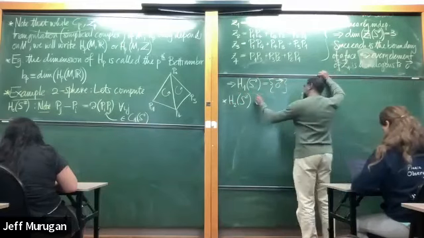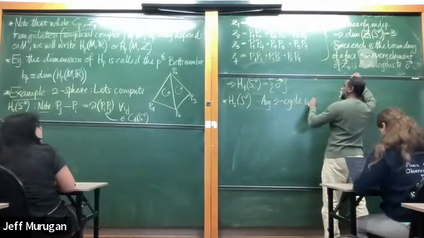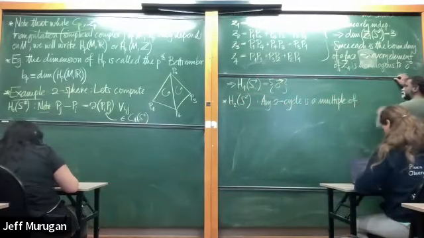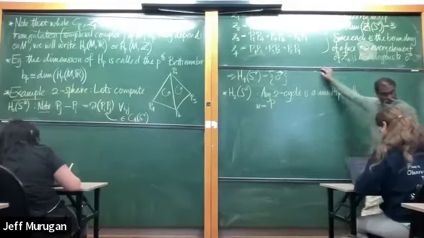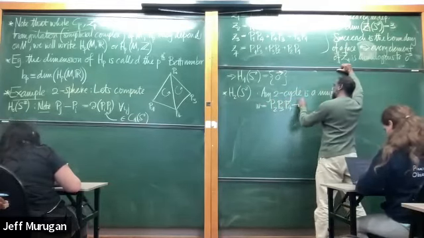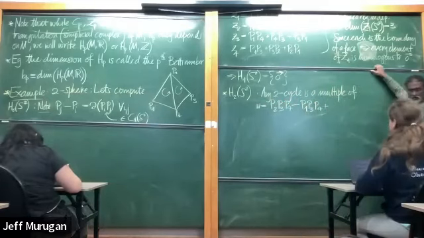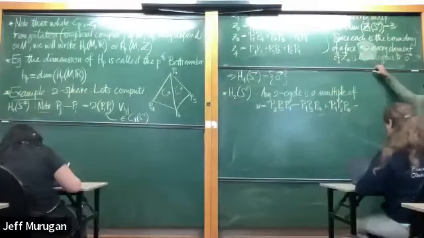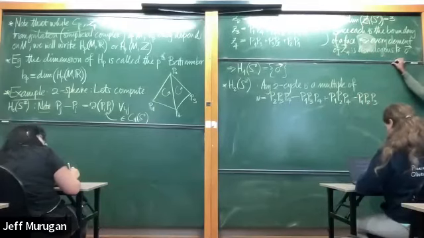Note that any two cycle is a multiple of, let's say, W. W is P2, P3, P4 minus P1, P3, P4 plus P1, P2, P4 minus P1, P2, P3, which is the entire boundary of the two sphere.